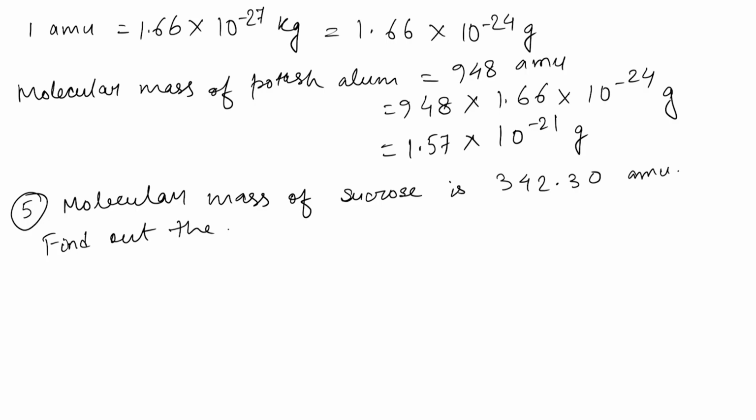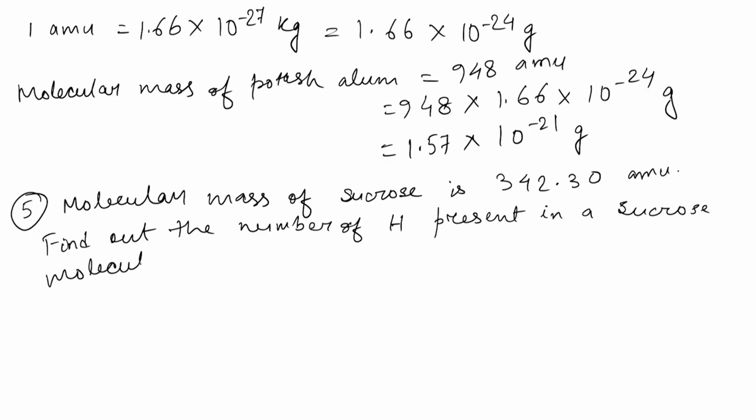Find out the number of hydrogen present in a sucrose molecule. Okay. So the molecular mass of sucrose is 342.30 AMU. Find out the number of hydrogen present in a sucrose molecule.